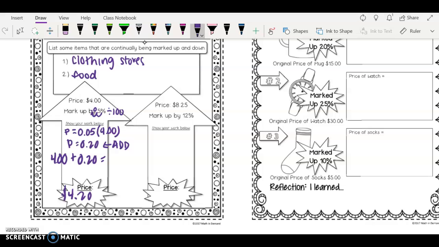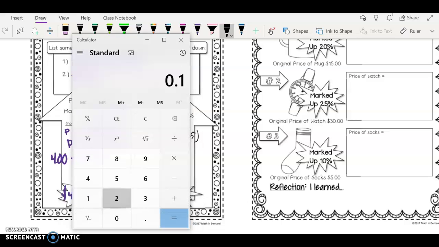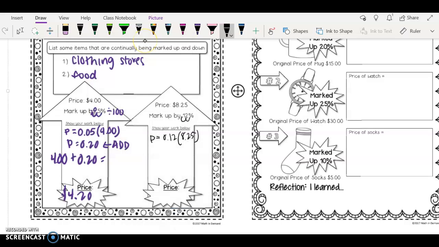So again, we're going to do the same thing. So I have my part equals, I'm going to move that decimal 2 places over, so 0.12 times my original price, which is $8.25. So I'm going to do 0.12 times $8.25, and I get 99 cents.